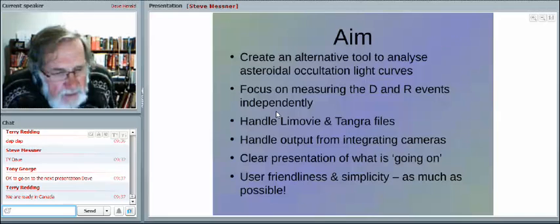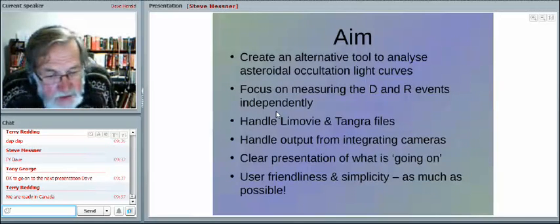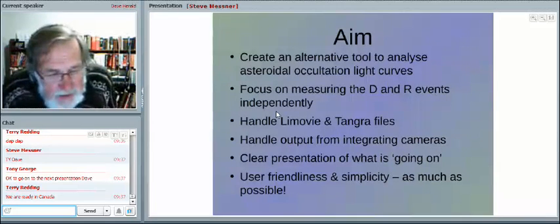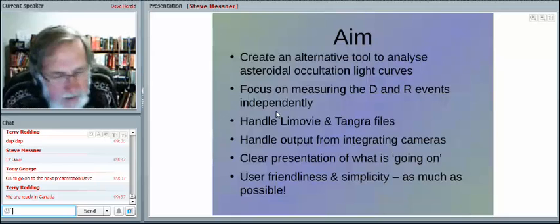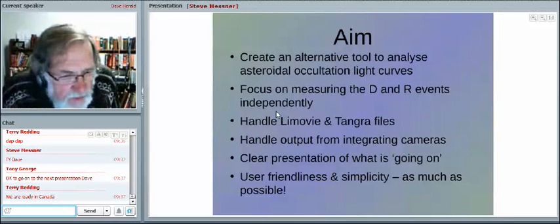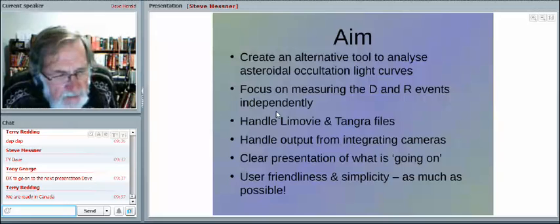I wanted to also handle output from integrating cameras so that for each block of data which was integrated, you have just a single data point in the analysis, and in that process to enable binning of the data. So if you've got very poor signal to noise in the measuring environment, you can bin the data to improve the signal to noise.